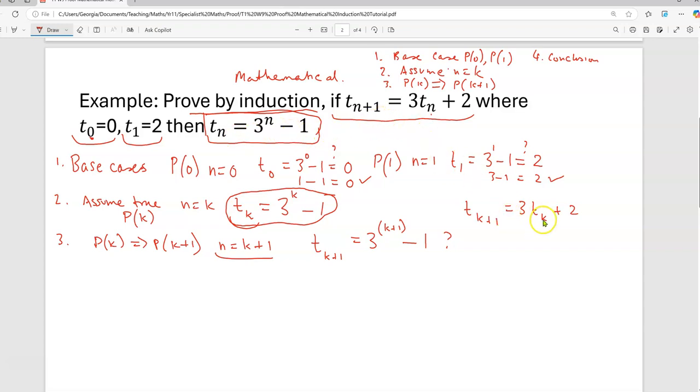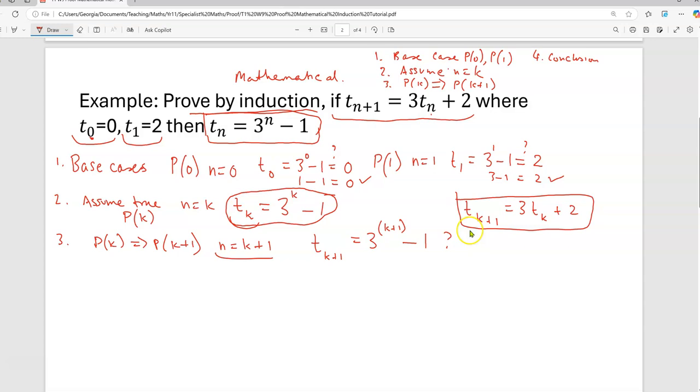Okay, so we're assuming that is true. So we want to make sure that we get the same answer. Okay, so let's park that over there for a second. That's using the P of k. We want to see if that's going to be true.